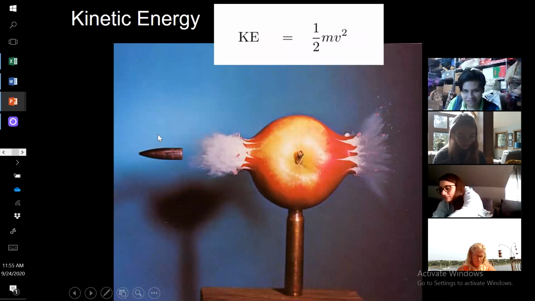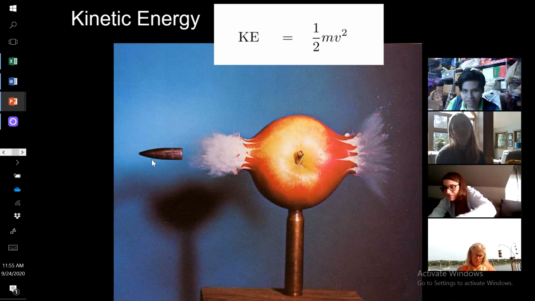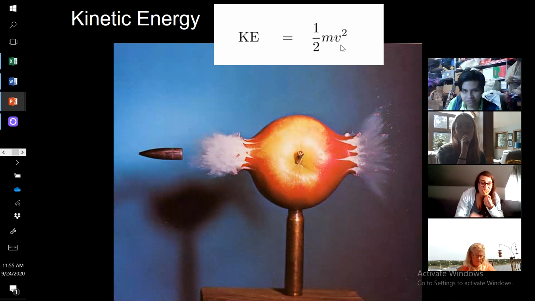Here's an iconic photograph taken by Doc Edgerton, the MIT physicist, who did cool experiments in photography. And you can see this bullet rupturing an apple. Moving objects, projectiles, things that have mass that move at some velocity, they have a type of energy called kinetic energy.